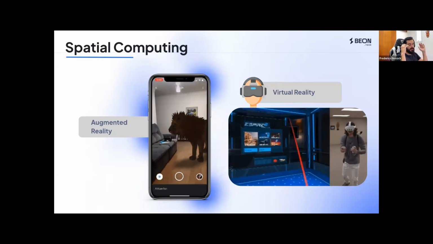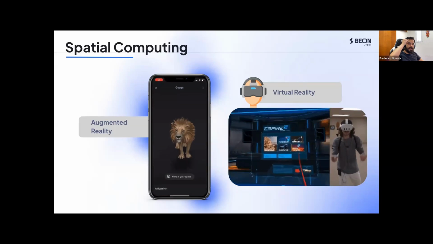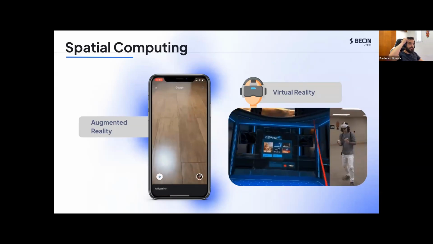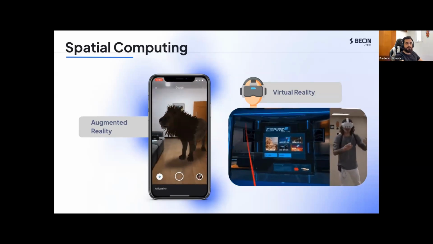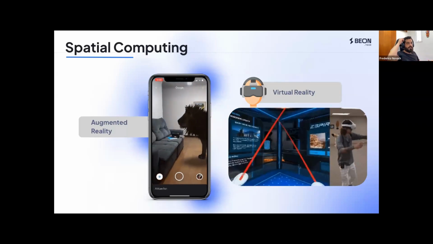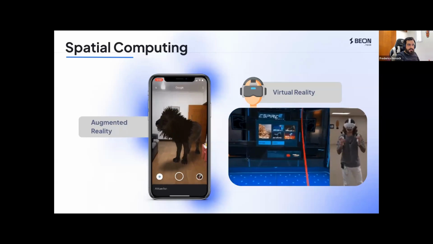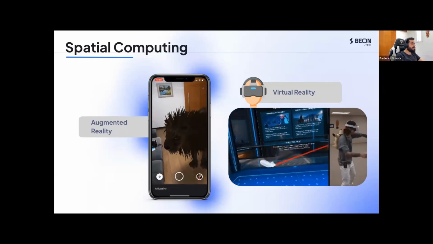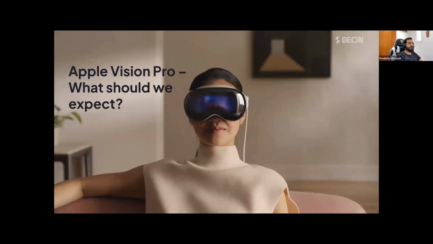Even on the Vision Pro, you have a button on the top where you can switch between an immersive experience, such as that one where you are in the VR world, into an AR world. Right now, what he's seeing is virtual reality, and on the left side, you can see what is AR, augmented reality.